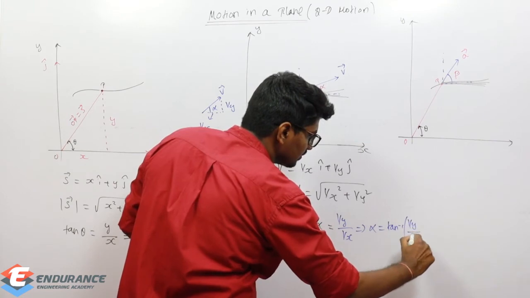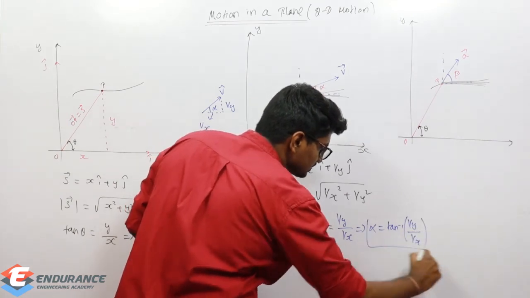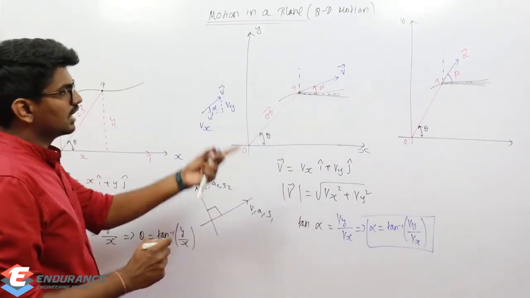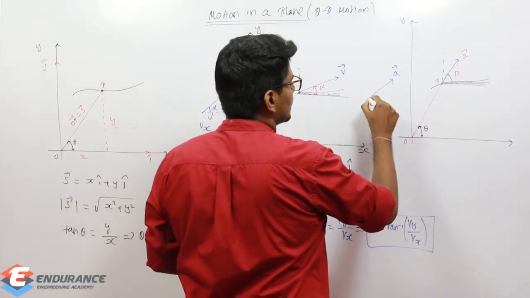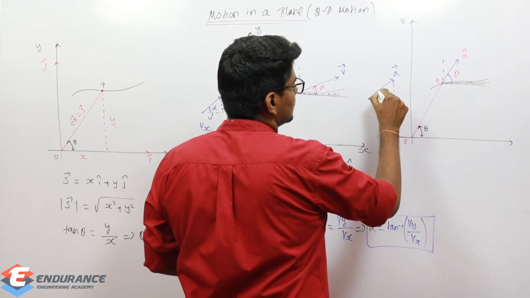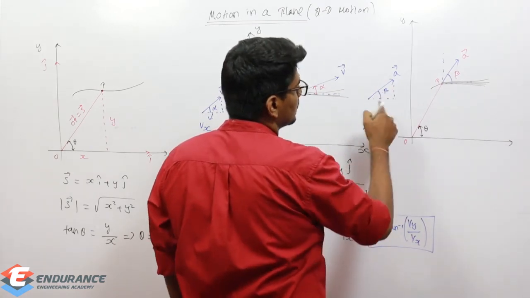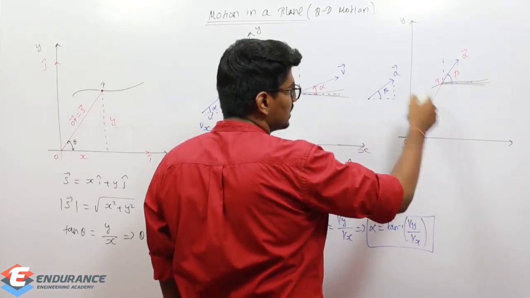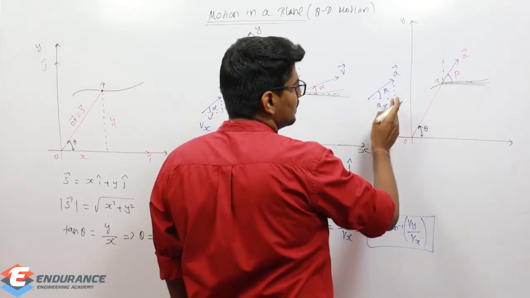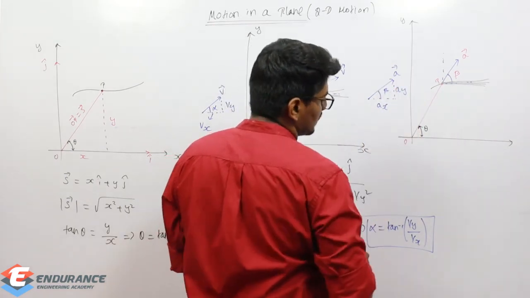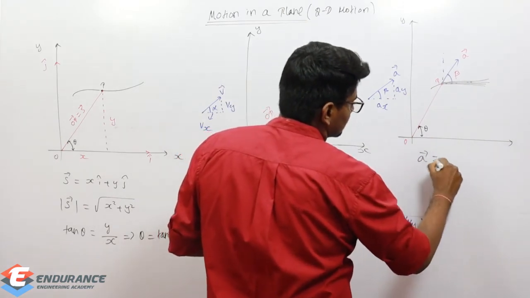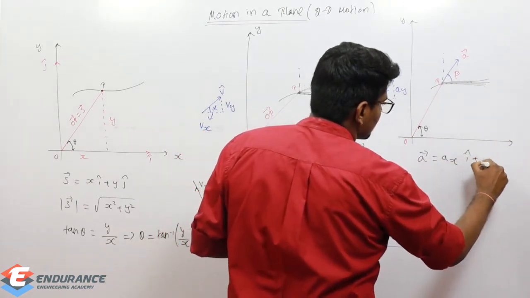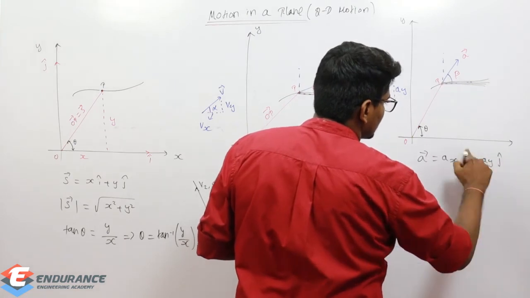Now similarly for acceleration, this is beta, the angle with respect to horizontal. The horizontal component of acceleration is ax and the vertical component is going to be ay. So first let me write the vector, which is ax i cap plus ay j cap.